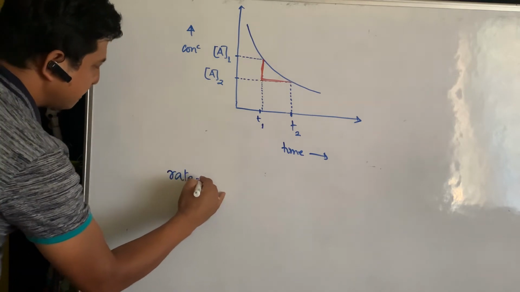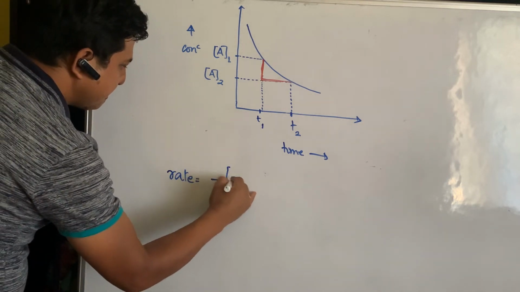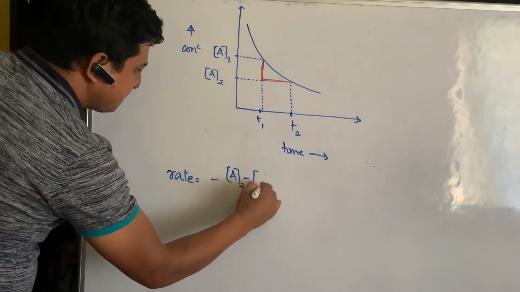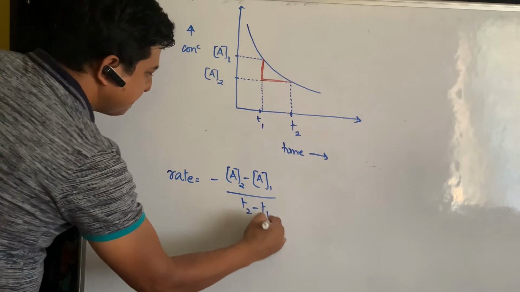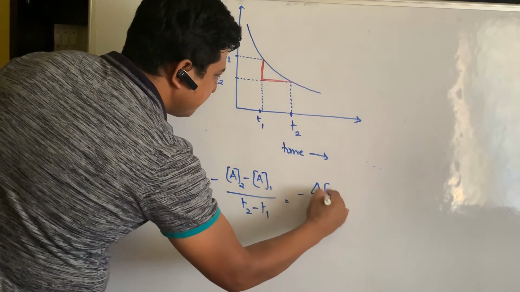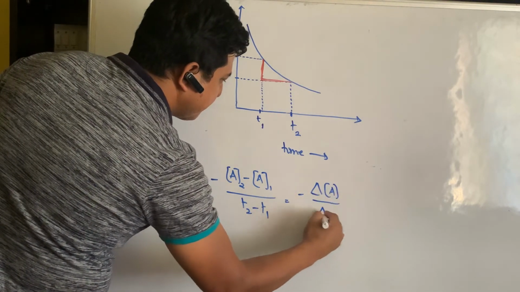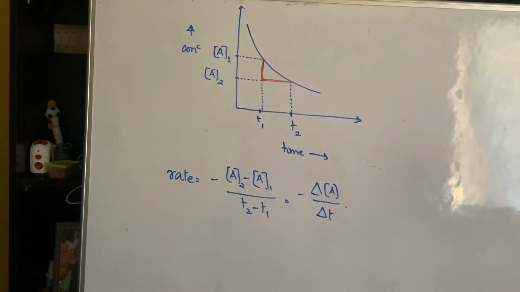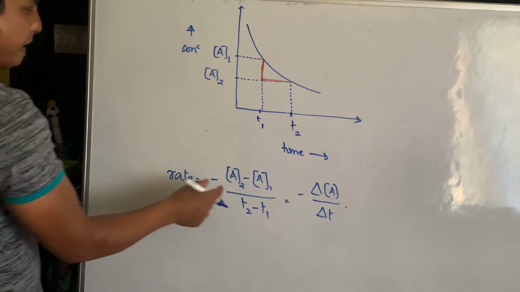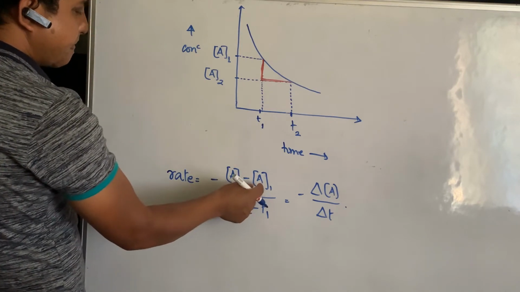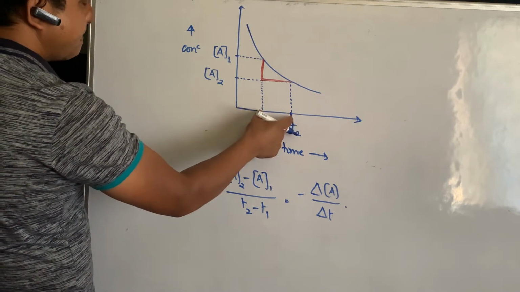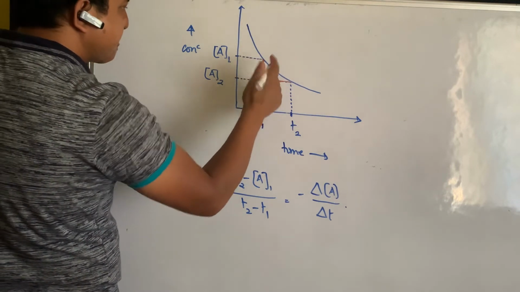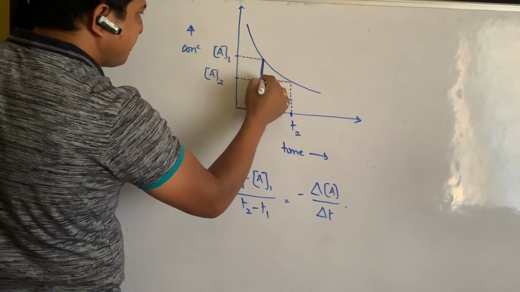Rate is equal to minus (A2 minus A1) divided by (T2 minus T1), which is equal to minus del A divided by del T. A2 minus A1 represents the change in concentration over this time interval. At this time interval, the change in concentration is this.